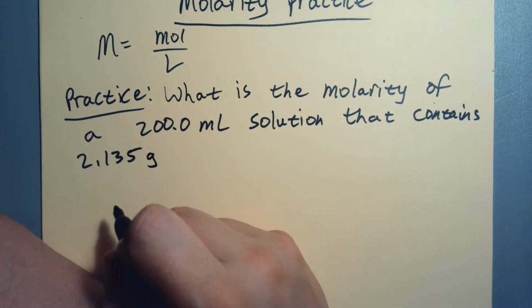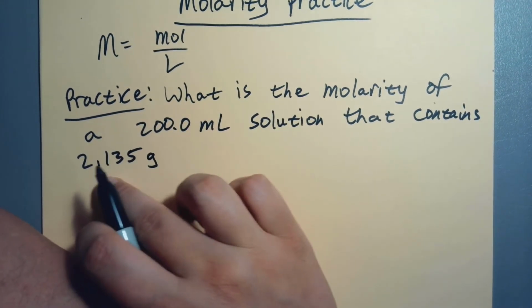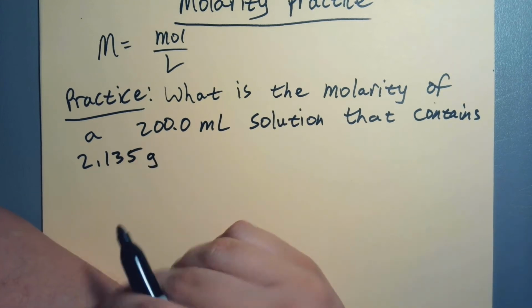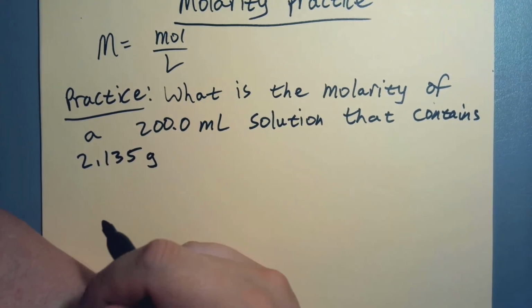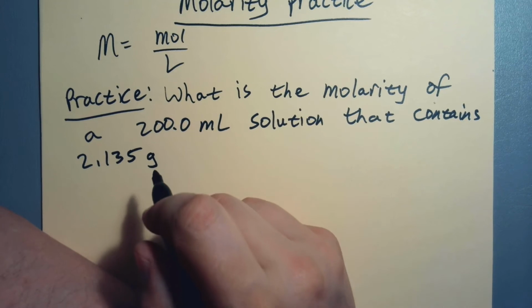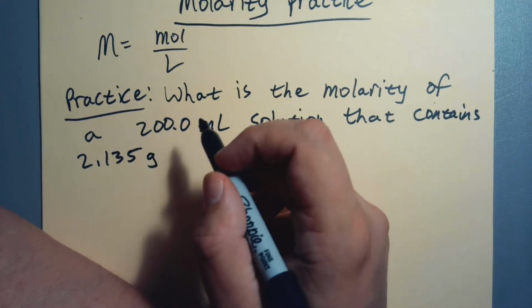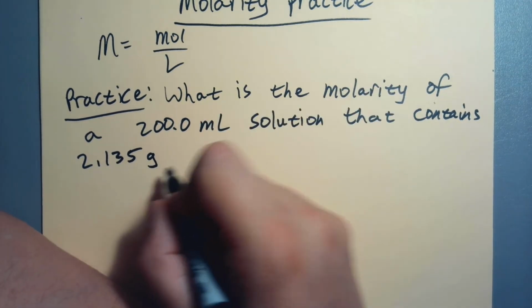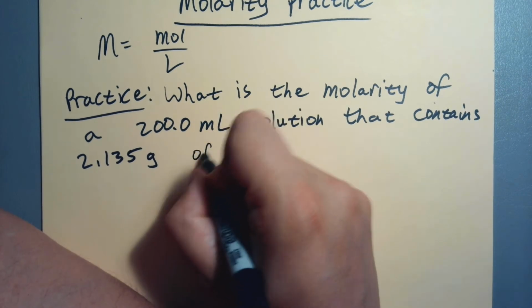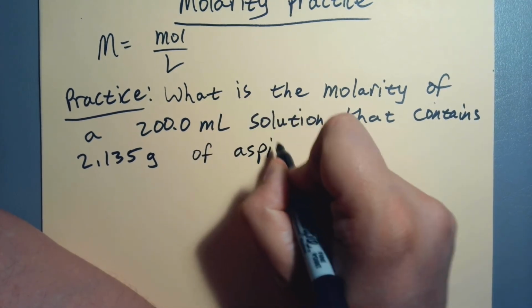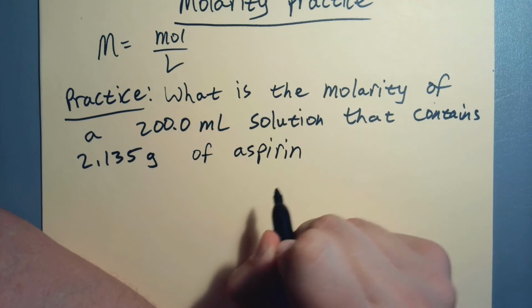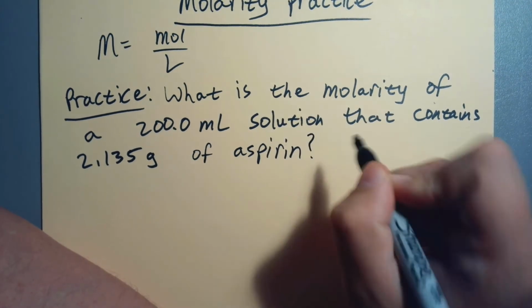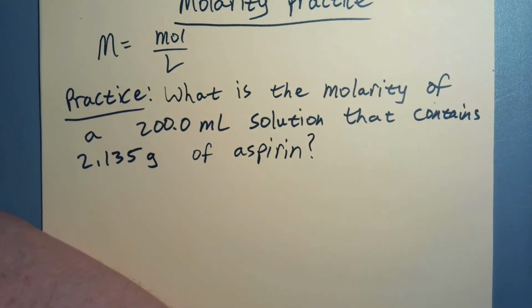This is how you know I've got it pre-cooked. If you start seeing numbers like this get thrown out by me, I'm working off some notes over here and you don't get to see them. But I do, so you can think I'm really smart at math. Alright, so it contains this many grams of aspirin. Try to make this as painless for you as possible.